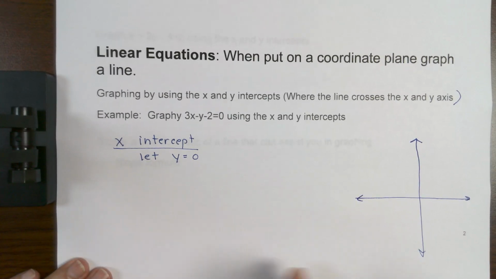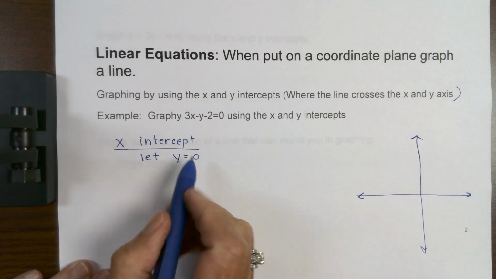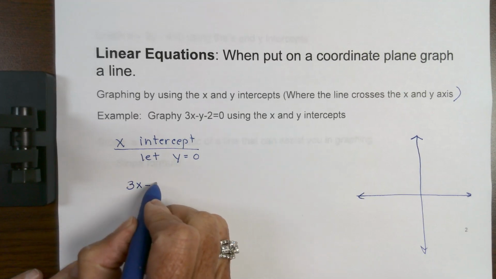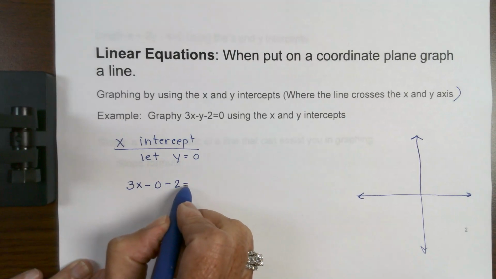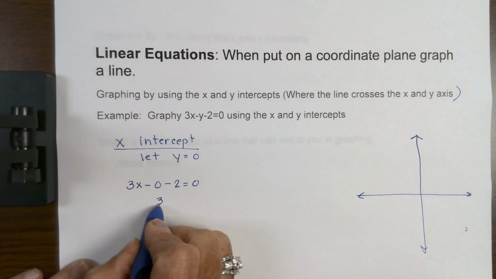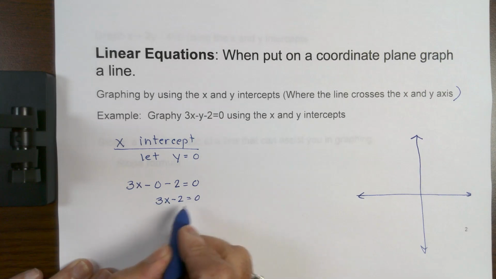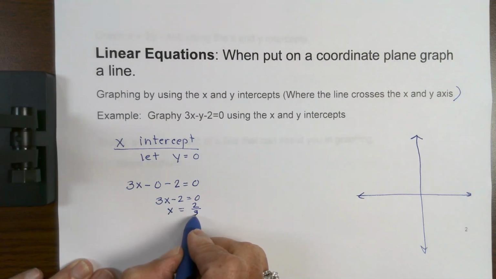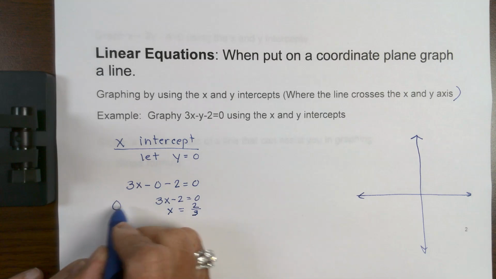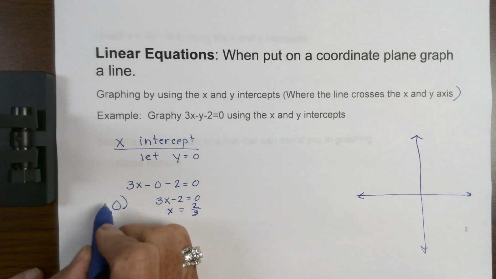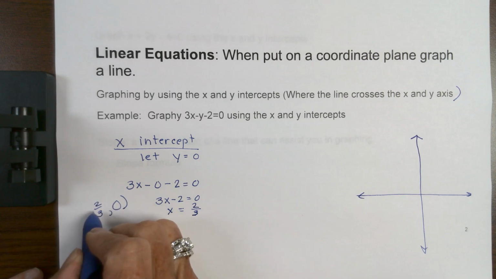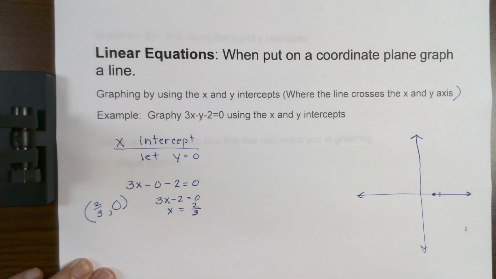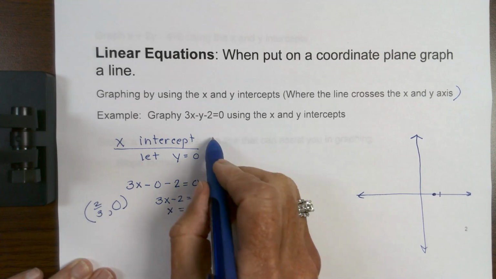Then you take this equation, plug in 0 for y, and solve for x. So I have 3x minus 0 minus 2 equals 0, 3x minus 2 equals 0. If you solve for it, you're going to see that x is equal to 2/3. So I have the point where y is 0 and x is 2/3. I would come over here and go 2/3 over and put a point, 2/3, 0.